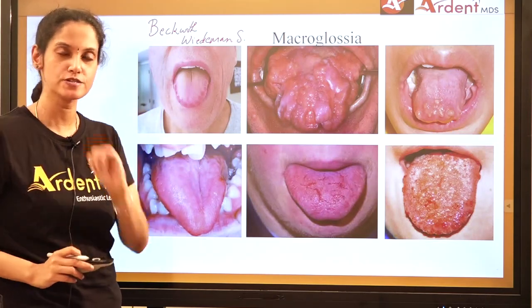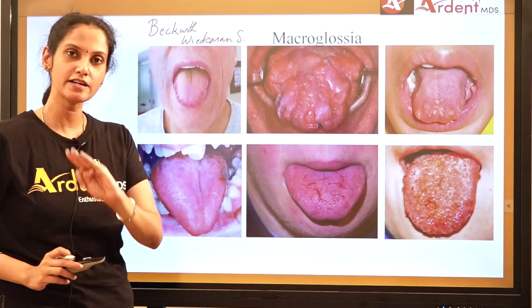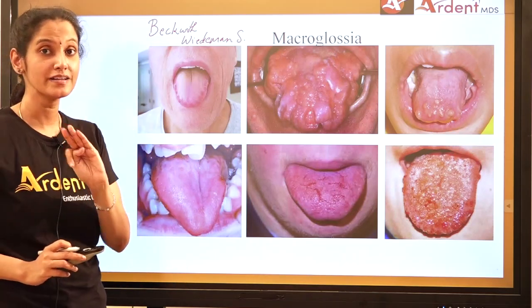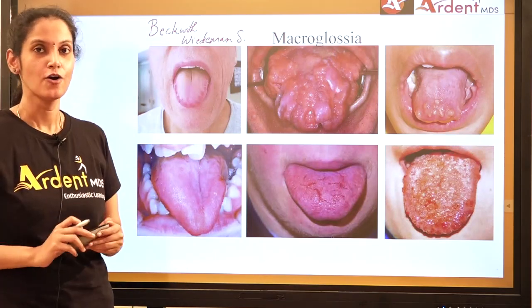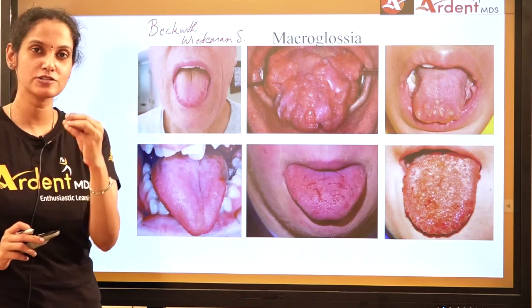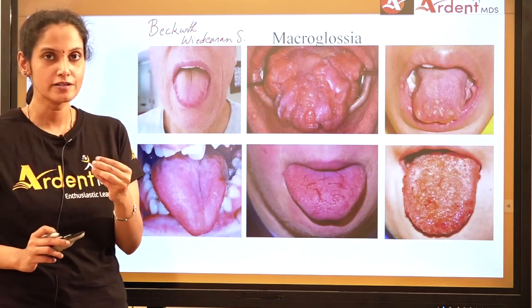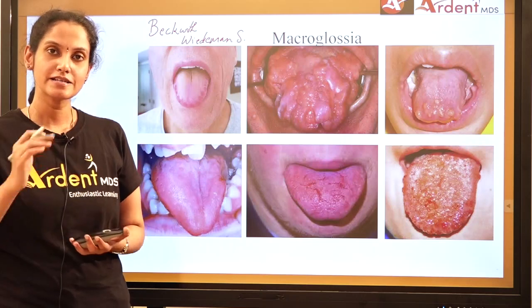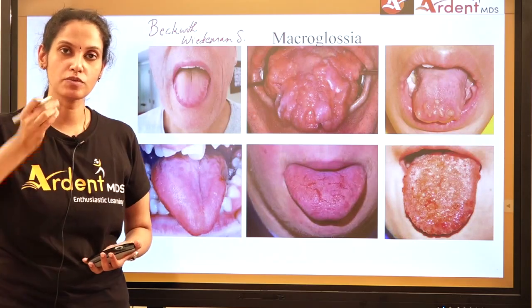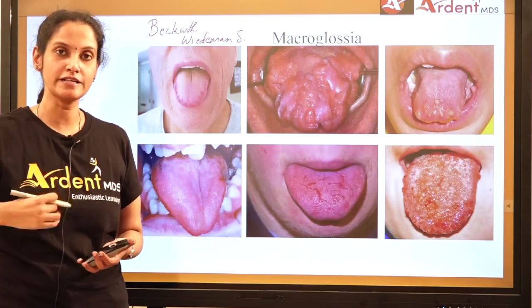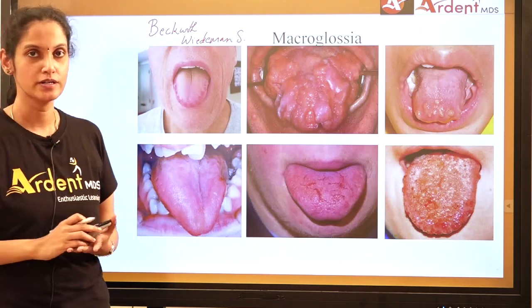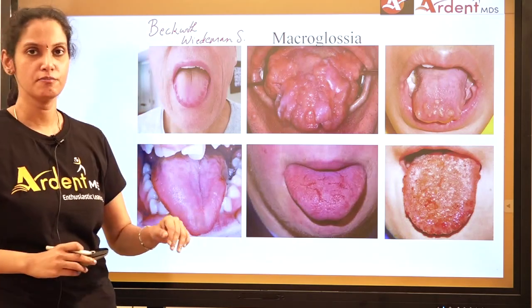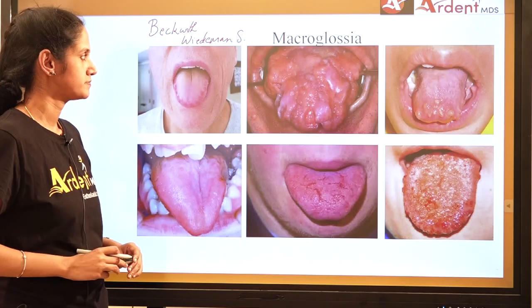You have four features: omphalocele, visceromegaly, gigantism, and neonatal hypoglycemia, of which I understand that omphalocele is a little foreign term. It's nothing but a defect in the abdominal wall, and through this defect the intestines try to protrude out. So that's one component of Beckwith-Wiedemann syndrome.